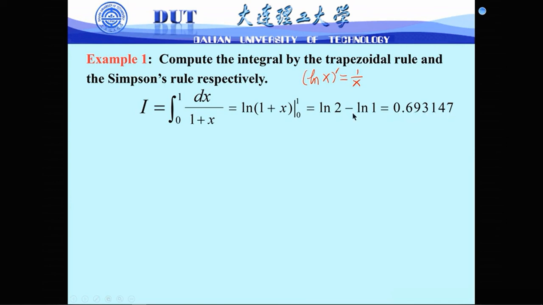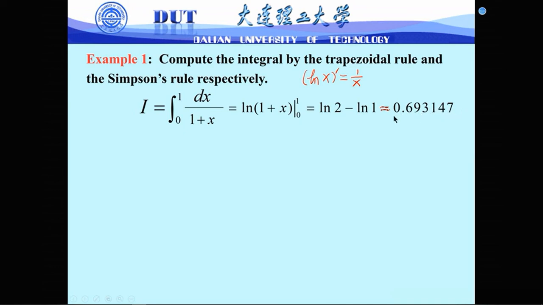Now you can obtain the result, which should be 0.693147. You can use your calculator to obtain this number. Okay? This is the exact integral. Of course, it is a floating-point number, right? We use 6 significant digits.